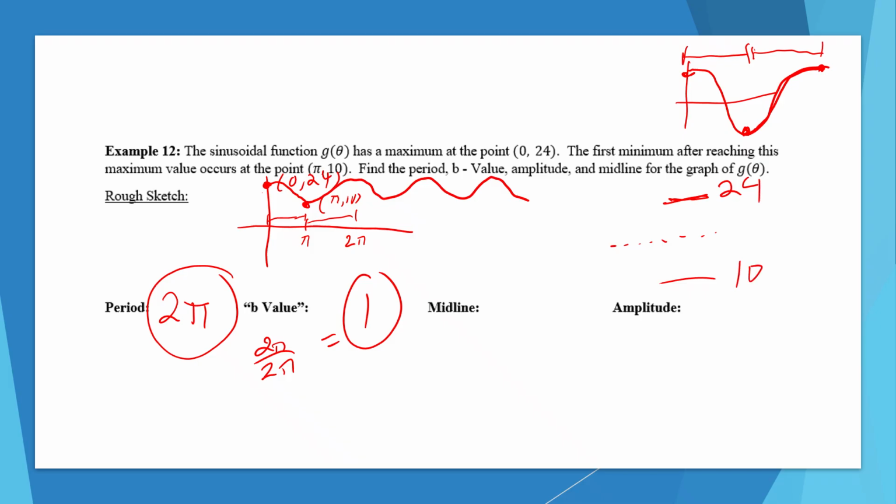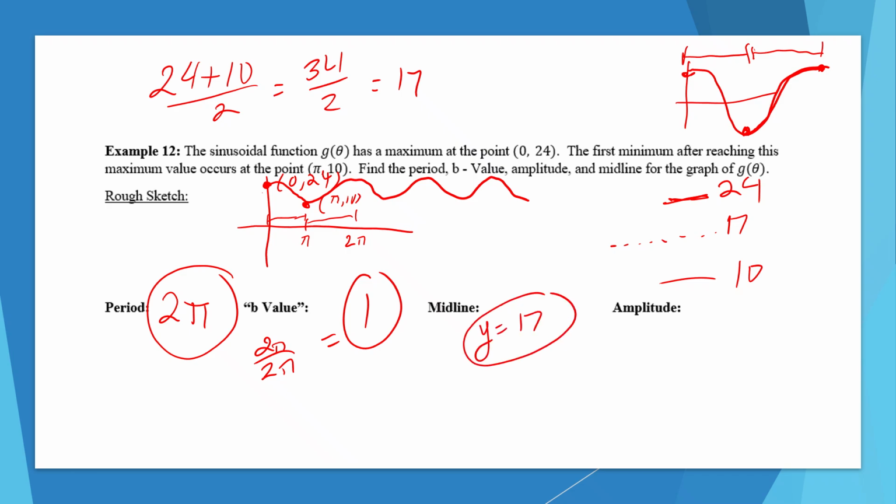So our midline should be 24 plus 10 over 2, which should be 17, right? 17 is smack dab in the middle, so that's going to be our midline. And then our amplitude is the distance from 24 to 17 or from 17 to 10. It should be the same distance there, which is 7. So that's going to be our amplitude for example number 12.